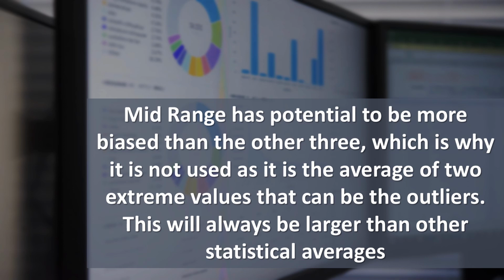So this will always be larger than the other statistical averages. That is one of the reasons why we don't use mid-range as a measure of central tendency, and we give importance to 3 methods: mean, median, and mode, right? Shall we move further? All right.